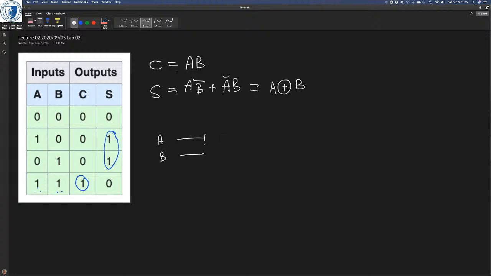A and B, and there's our C, and here's our exclusive OR device, and that's our S. Let me just do that.